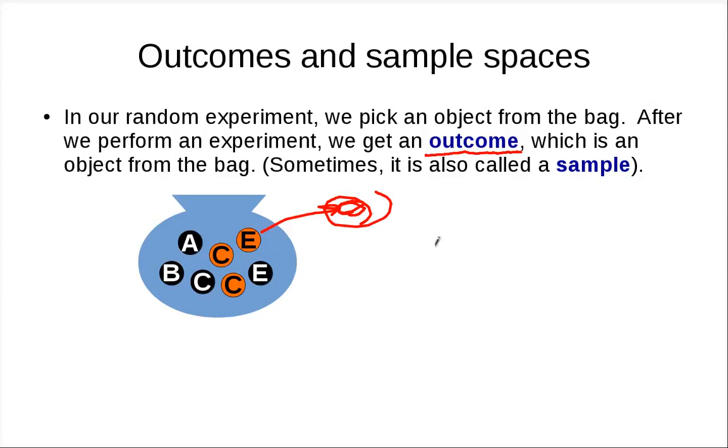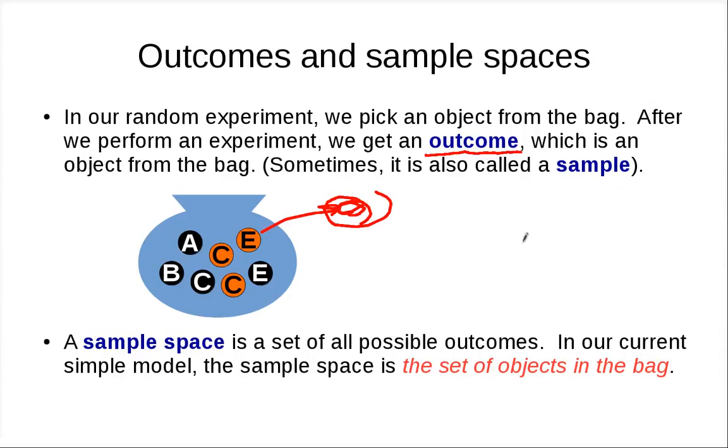But using the term outcome is more general, because later on we will talk about random experiments where you're probably not going to get a single sample from it. We're going to do something more complicated. So referring to this as an outcome is more appropriate. Now, a sample space is a set of all possible outcomes. So in this case, in this blue bag, this is the sample space. So it's a set of all objects in the bag.